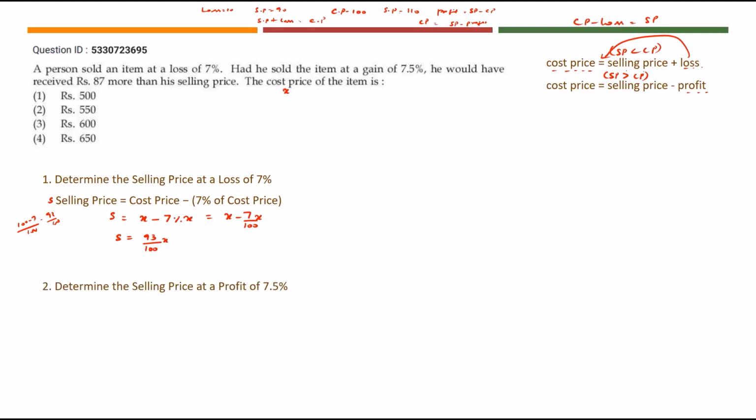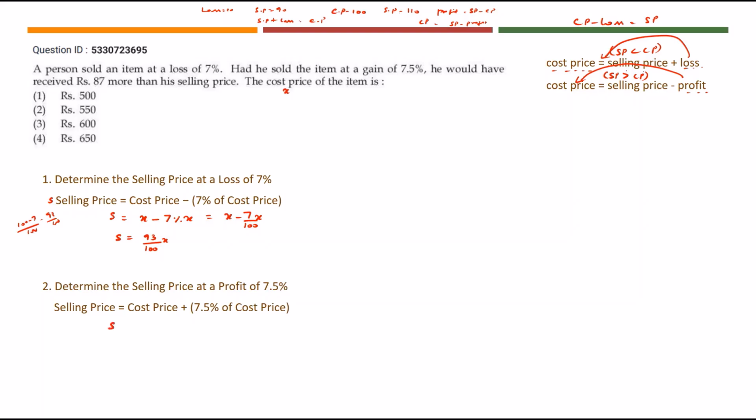The next step is to determine the selling price at a profit of 7.5%. So how will we do this? Selling price is equal to cost price plus the profit. So how much profit is given? It is 7.5%.